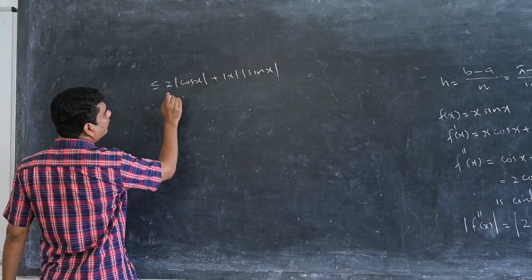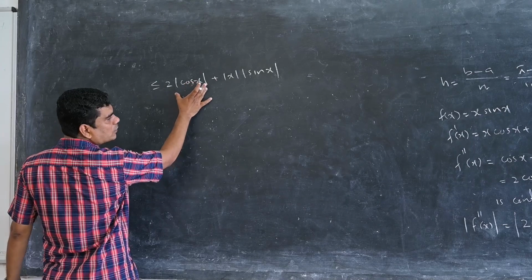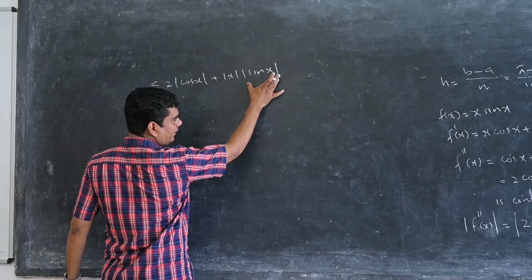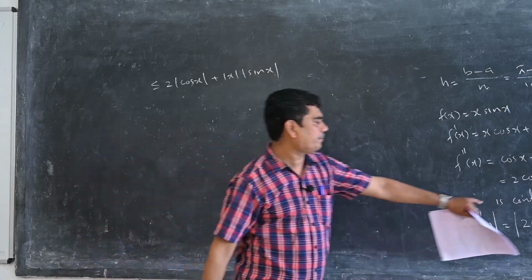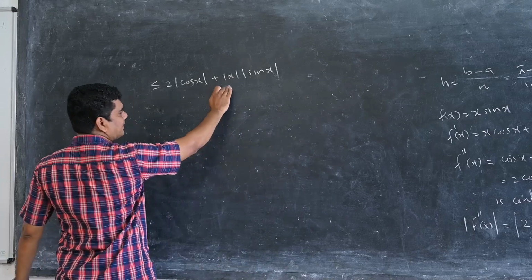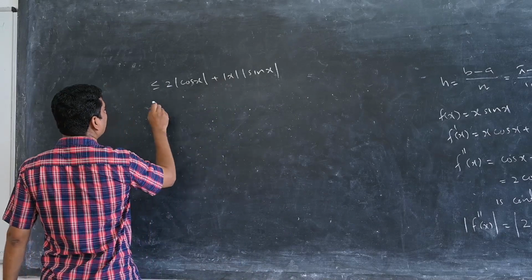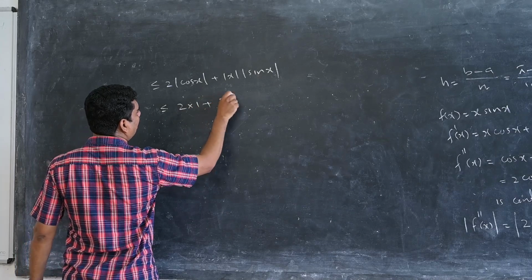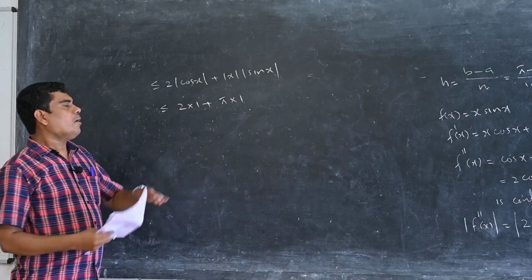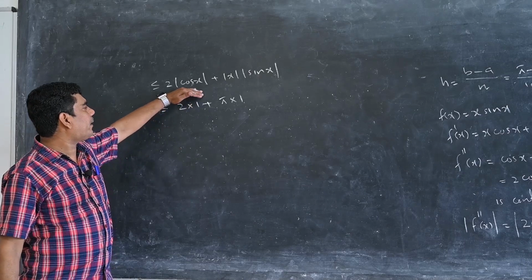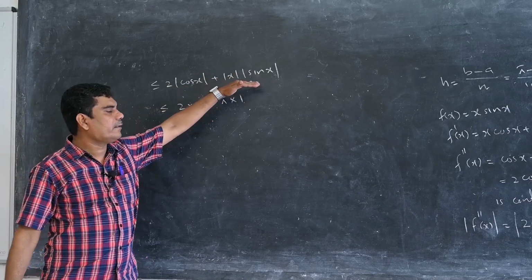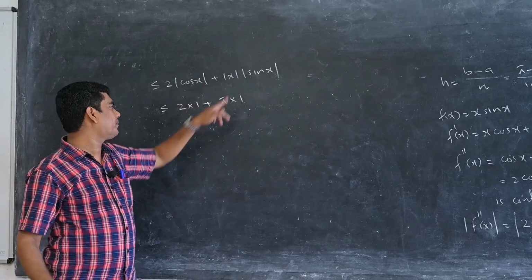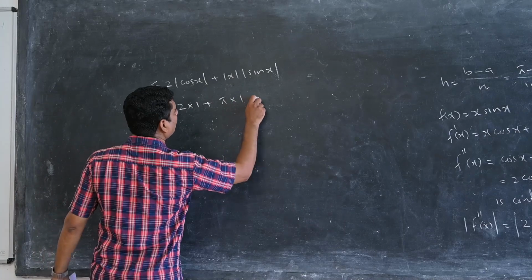Now we have the maximum possible value of mod cos x is 1. Maximum possible value of mod sin x is 1. In the interval 0 to pi, maximum value of mod x is pi. So this is less than or equal to 2 into 1 plus pi into 1, which is equal to 2 plus pi.